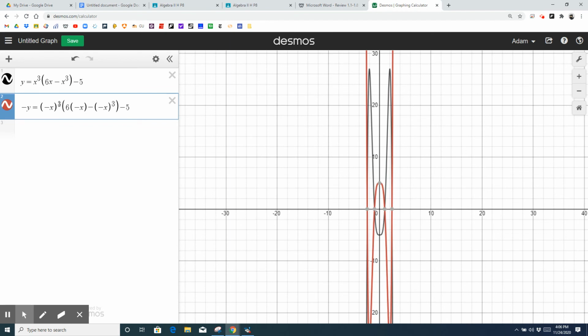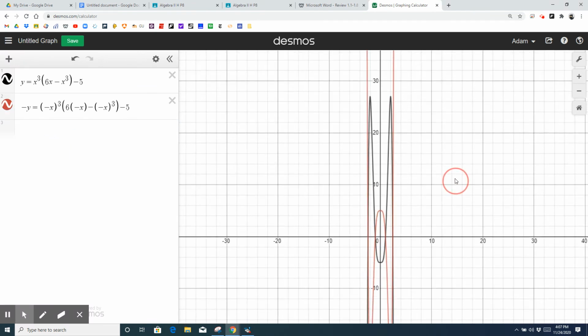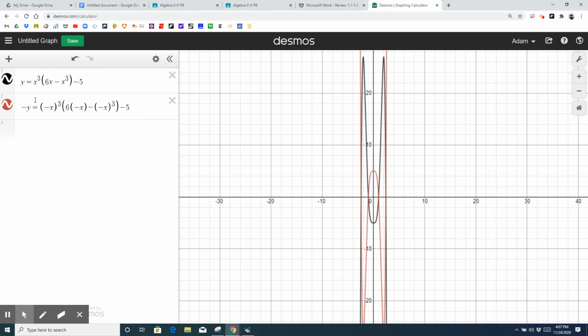I think I typed something in wrong because I'm missing a parenthesis here. This should have y-axis symmetry. Oh, okay, so you know what I just did? I replaced x with negative x and y with negative y. So notice how this got rotated 180 degrees, because that's the rule for rotating 180. If I just replace x with negative x and don't touch the y, then it reflects onto itself. So this does have y-axis symmetry.